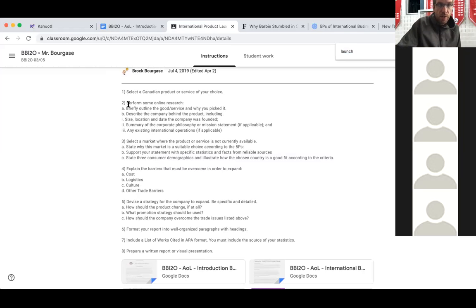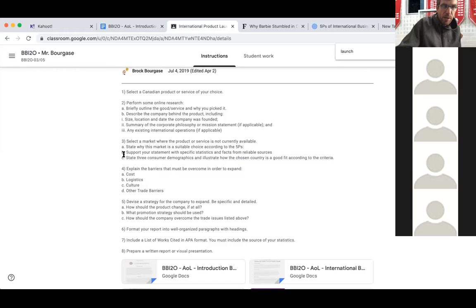You start off by researching a little bit: what's the main product, is it a restaurant, what's it known for, what's the price level, is it a premium price, is it a discount price, things like that. You could look for a market where the product is not currently available and explain why it's a suitable choice according to the 5 Ps.